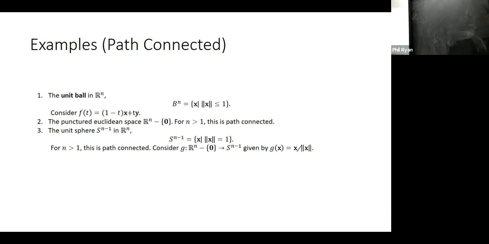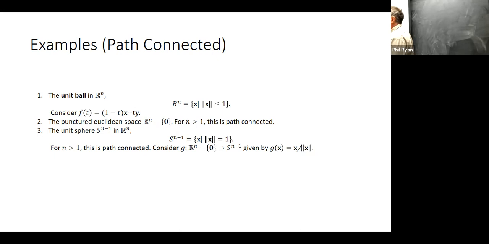But to prove that Sn, the sphere, is path connected, let's consider the map from the punctured Euclidean space to the sphere given by mapping a vector to the vector divided by its norm. This is clearly surjective and continuous, because x never equals 0, so we never have any problem.